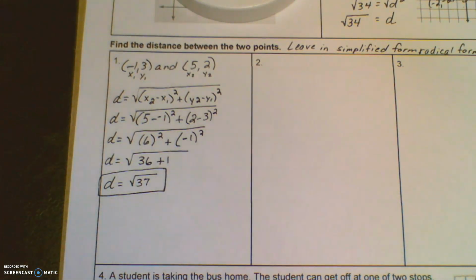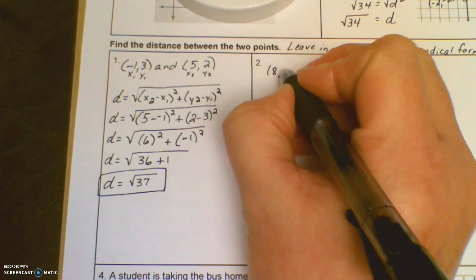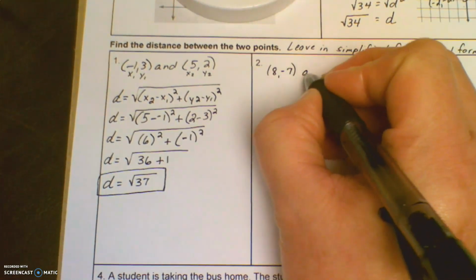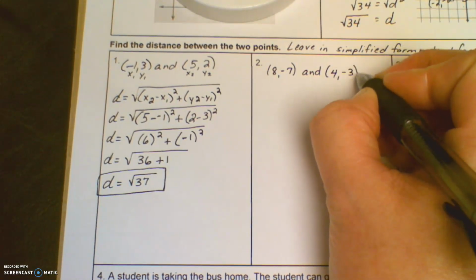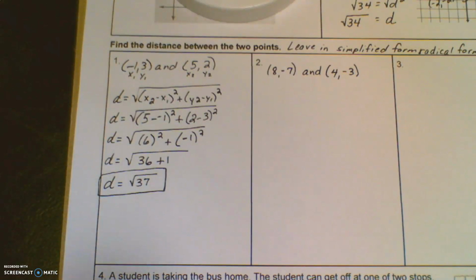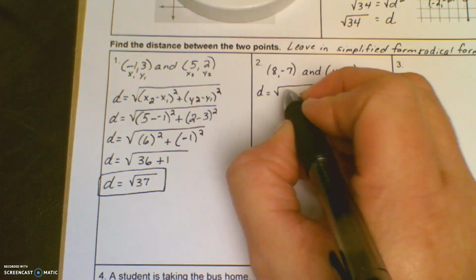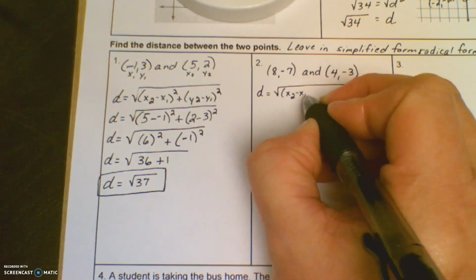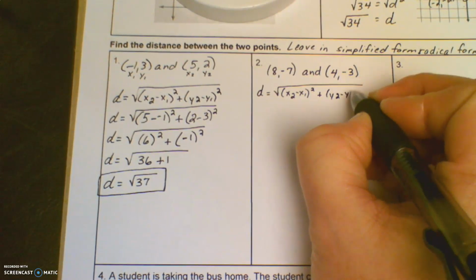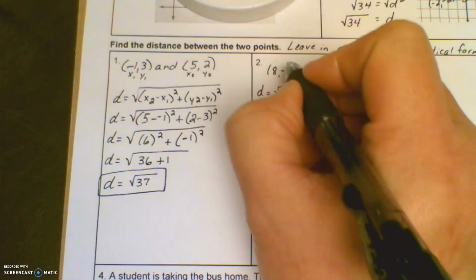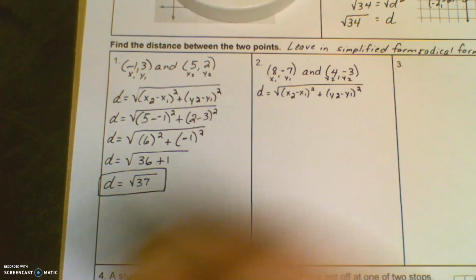Let's do another one, number 2. Using the ordered pair 8, -7, and the ordered pair 4, -3. Let's use the distance formula. Label my ordered pairs x sub 1, y sub 1, x sub 2, y sub 2.